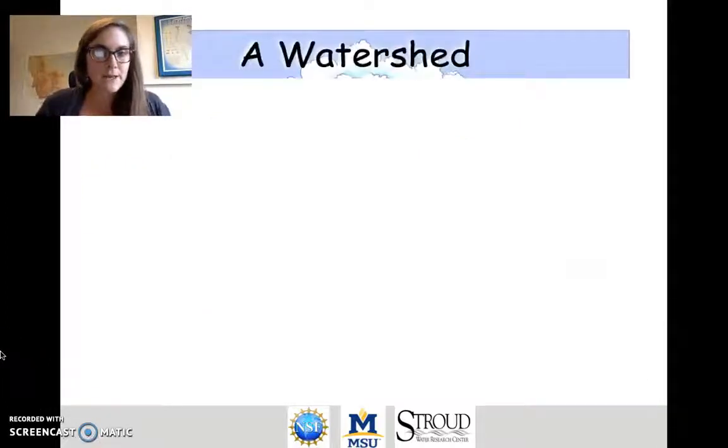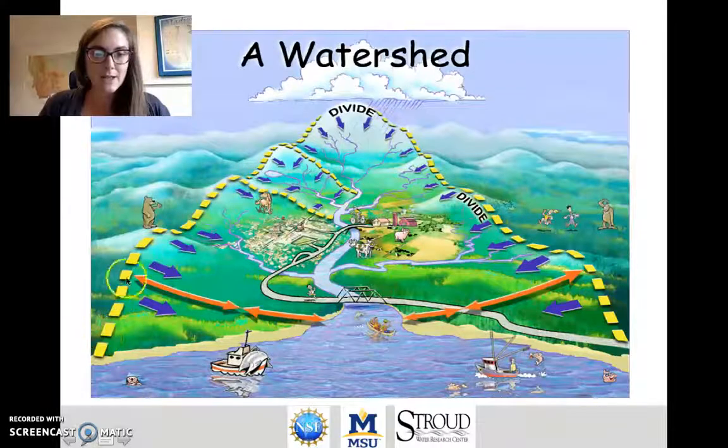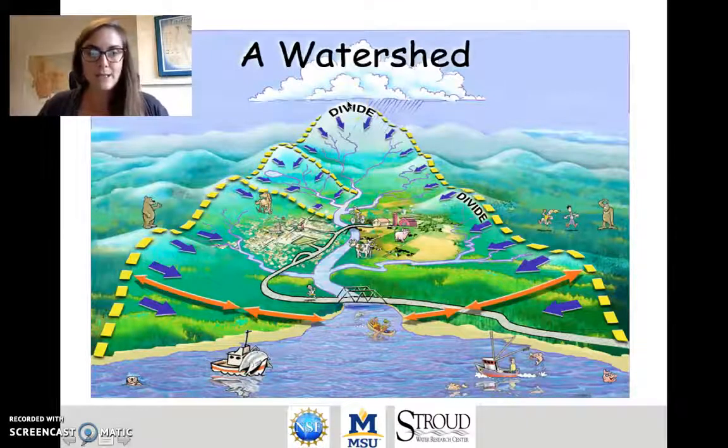At that largest scale, I mentioned the term watershed or catchment. So this is a term that applies to the entire area of land where water and sediment is draining to a collective point. So the watershed divide is the line that delineates where the slope of the landscape is causing all of the water and the sediment to drain to the same place.